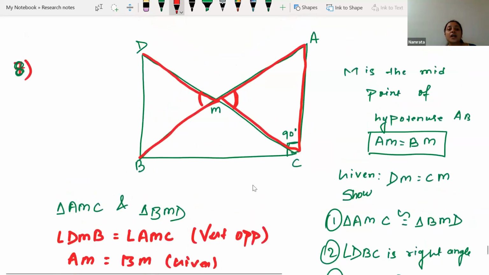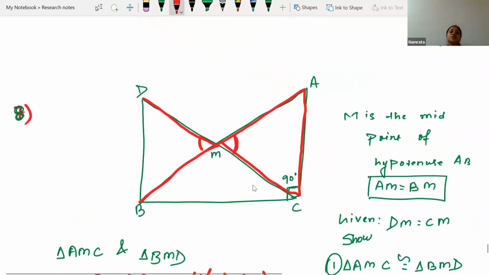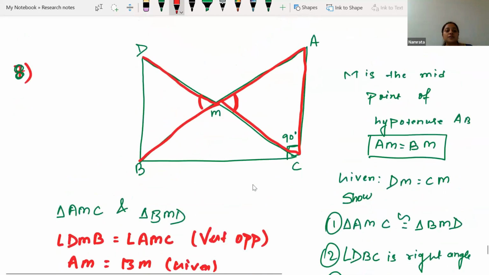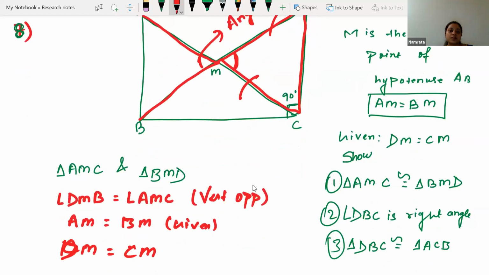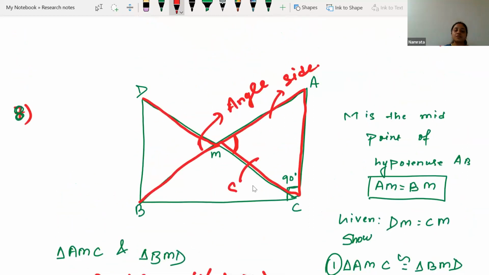DM from here is equal to CM from there. Let's check in our triangle which congruency rule applies, because we also have to mention the rule. If you are not mentioning the rule, you are losing the marks. So this angle I have used, this AM side I have used, and this DM CM side I have used.